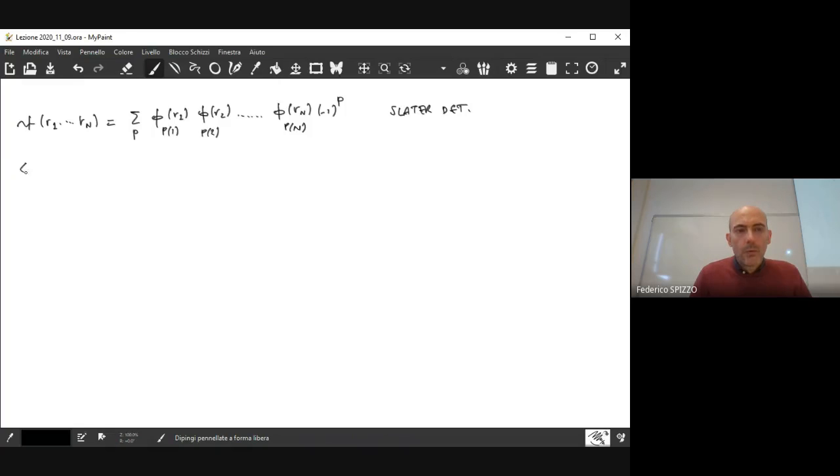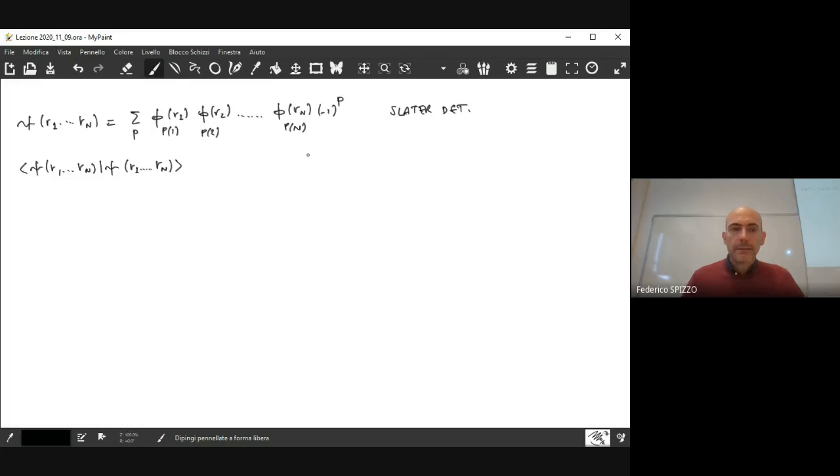So the idea is to evaluate the square modulus of the Slater determinant. The only thing we assume here before evaluating this square modulus is that the single-electron levels are orthogonal with each other.